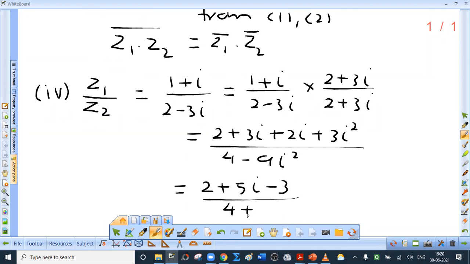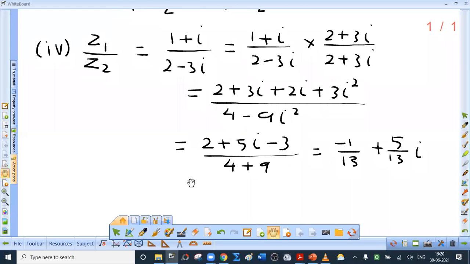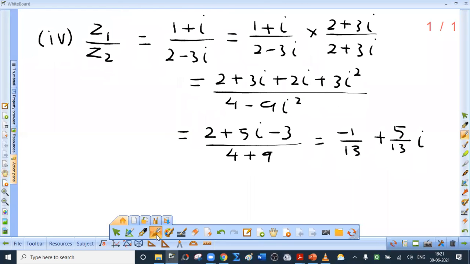Check this. So 2 minus 3 minus 1, I'm getting minus 1 upon 13 plus 5 upon 13i. Okay, this is Z1 upon Z2. But we are asked to find its, not modulus, its conjugate.